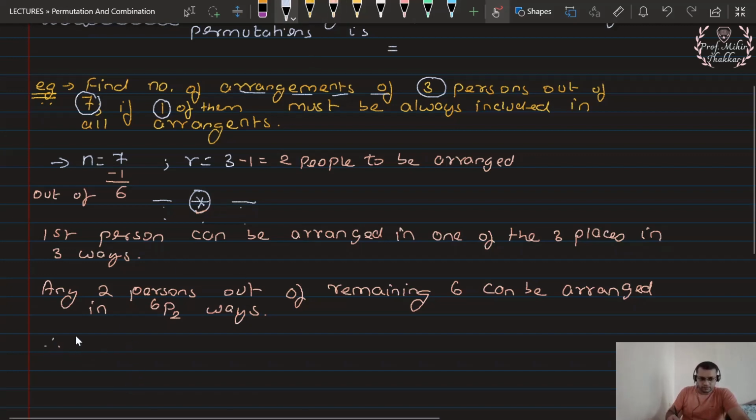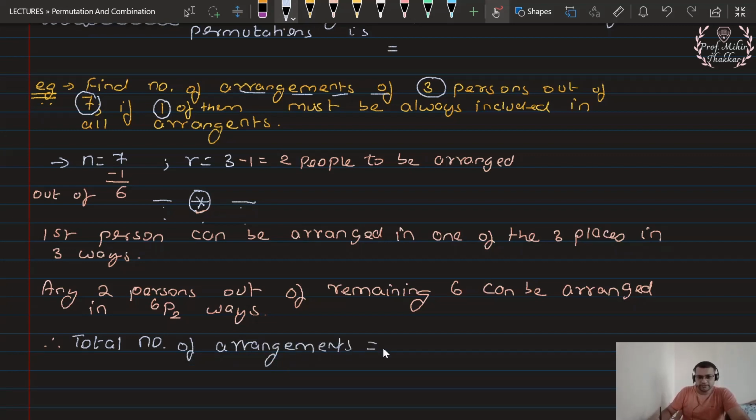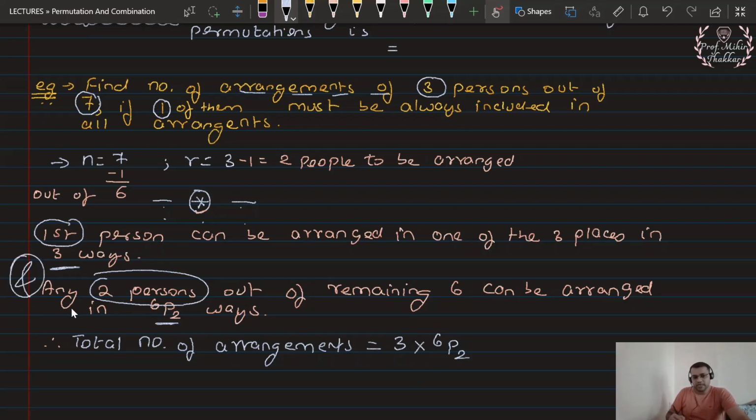Therefore, total number of arrangements: when I want to make the arrangements, I have to arrange the first person and the remaining two persons also. So for the first person it was 3 ways, and for the remaining two it was 6P2. I have to multiply, because I have to arrange this and this both. And represents multiplication, so I am multiplying.